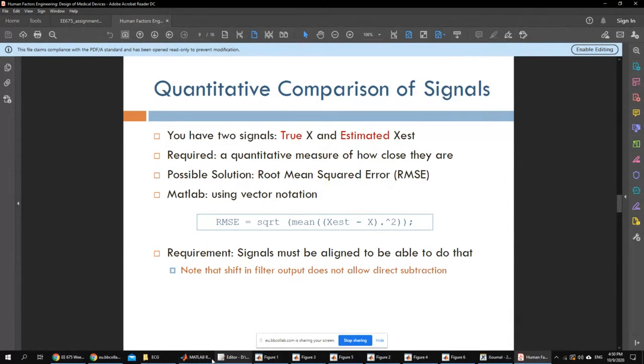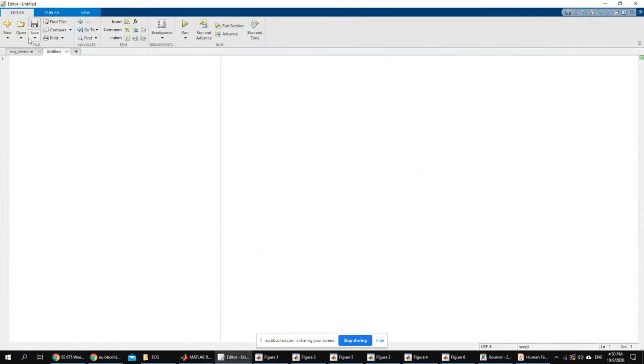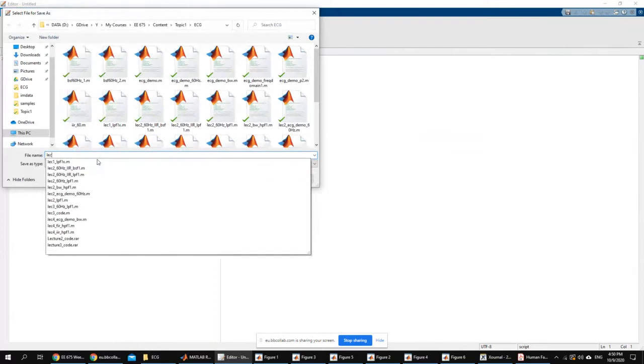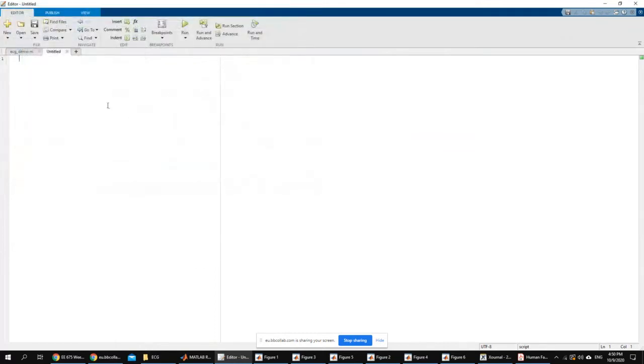So let's try a particular example. Let's write some new code here, just to show you why we chose to go this way. In here, I'm going to simulate a signal with noise.